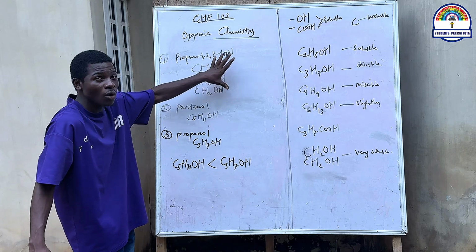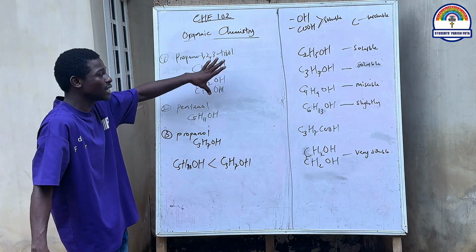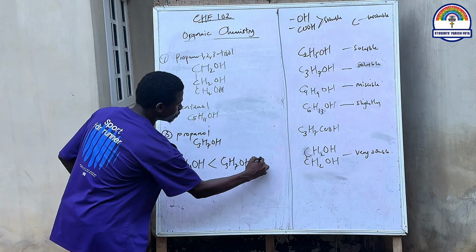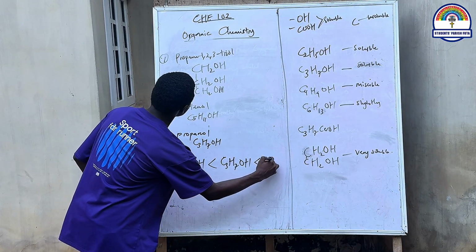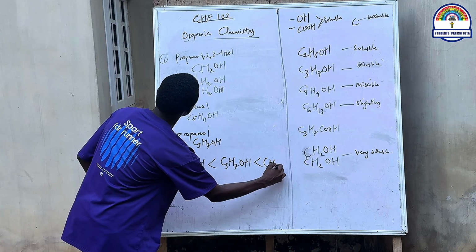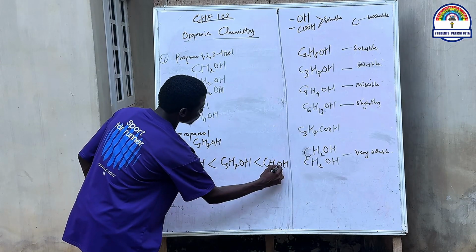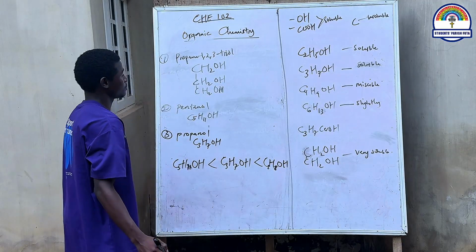Although propanol and this one have the same number of carbon atoms, this one has a lot of hydroxyl groups, which gives it a lot of hydrogen bonds, and hydrogen bonding supports solubility. So it's less than C3H8O3, whatever way we want to write it.